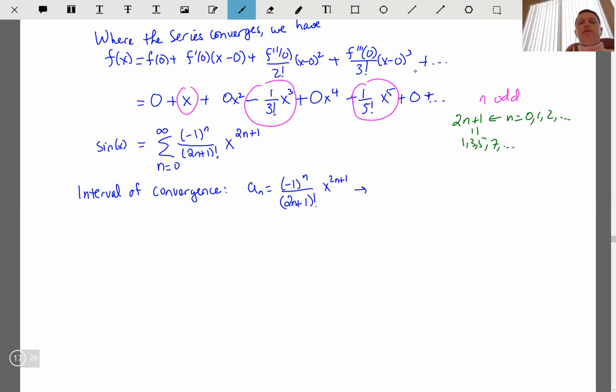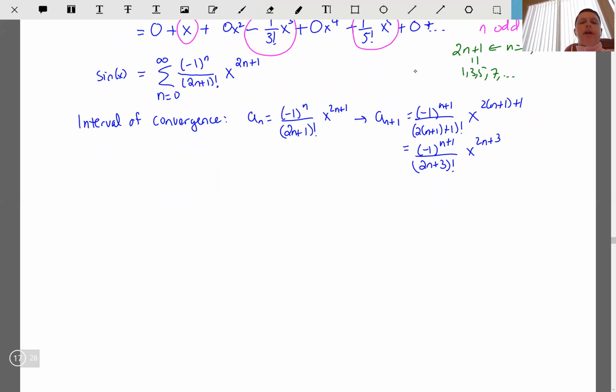So the n plus first term is going to be negative 1 to the n plus 1 over 2 times n plus 1 factorial, x to the 2 times n plus 1 plus 1. So that gives me negative 1 to the n plus 1 over 2n plus 3 factorial, x to the 2n plus 3.